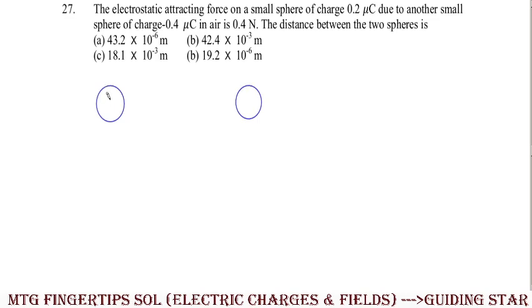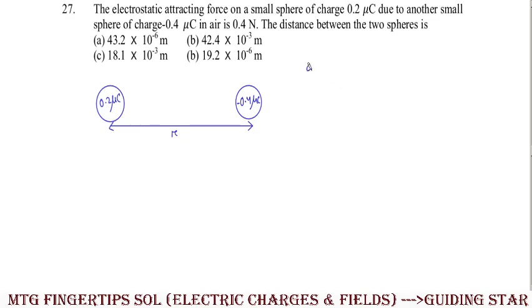The left side sphere, let it be having a charge of 0.2 microcoulomb, and the right sphere is having a charge of negative 0.4 microcoulomb. There must be a distance of separation, and let us consider the distance of separation is taken from the center of the spheres, so let it be r.